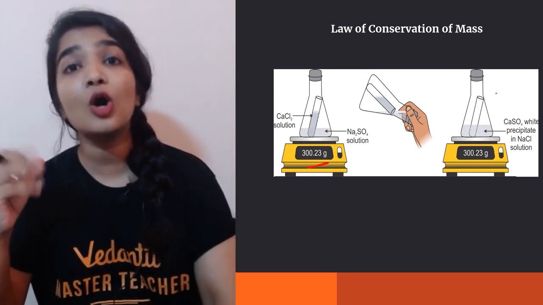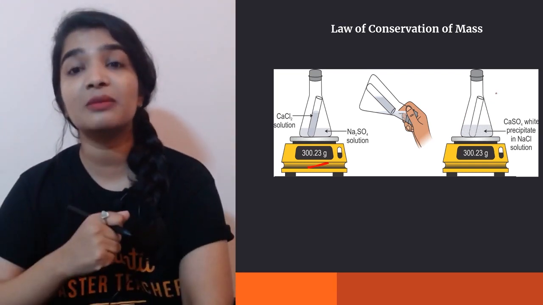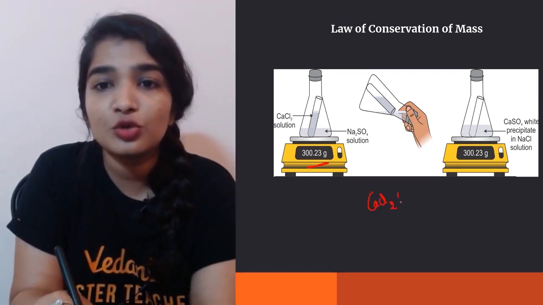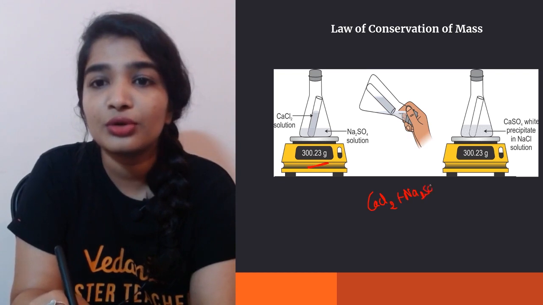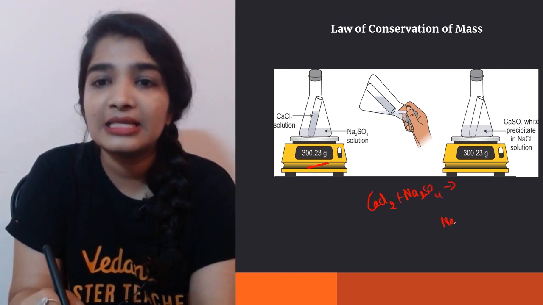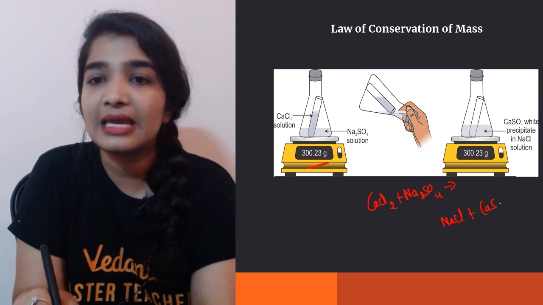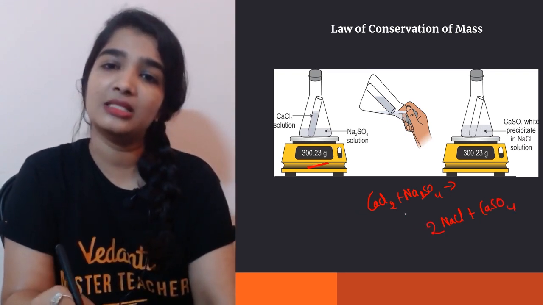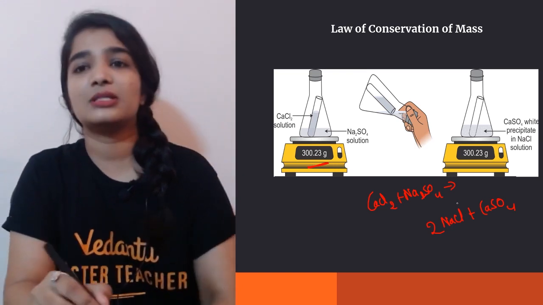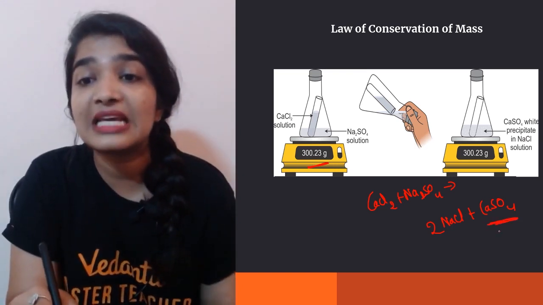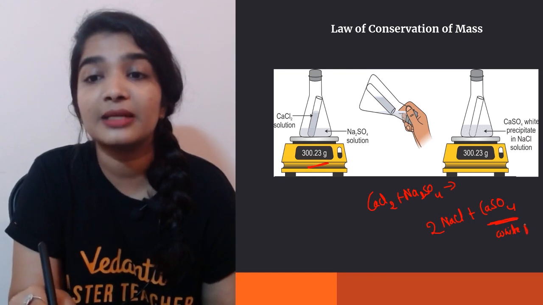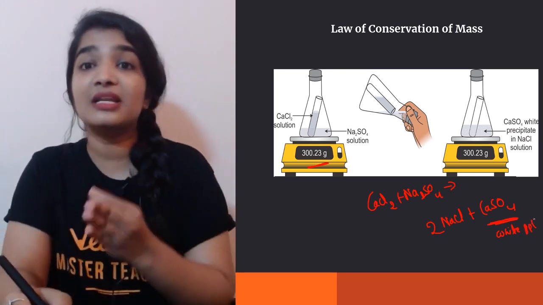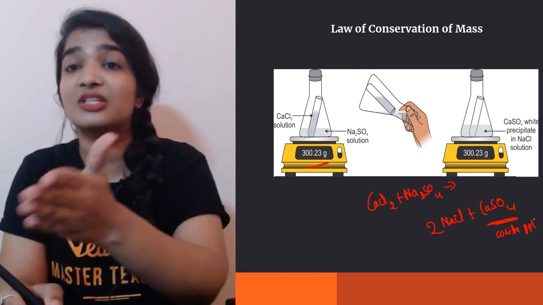If you are wondering how you will know whether the reaction has taken place or not, the reaction CaCl2 plus Na2SO4 gives you 2NaCl plus CaSO4 as the product. Of course, this was not balanced, now it is. This calcium sulfate is a white precipitate, which is visible, right?